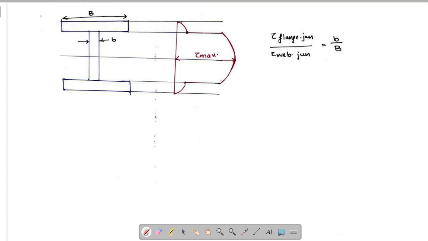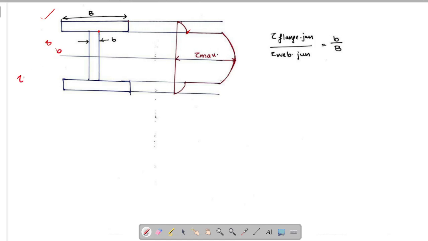Now let's see the shear stress variation in case of I section. If we observe the flange region of I section, it is rectangular in shape. It will be a parabolic variation from top to junction. If you observe, just above the junction, the width is capital B, and just below the junction, the width is small b.